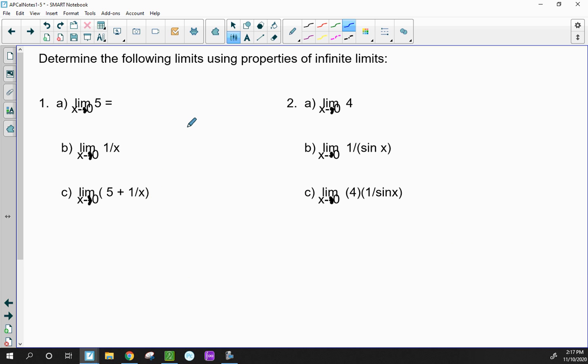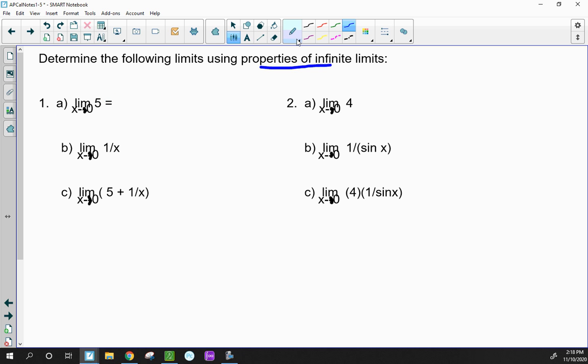Okay. Alright, next we're going to look at the following limits using properties of infinite limits. So we'll start with number 1. Okay, another set to go over, but we'll do this first. Find the limit as x approaches 0 of 5. We've done this with properties of basic limits before.